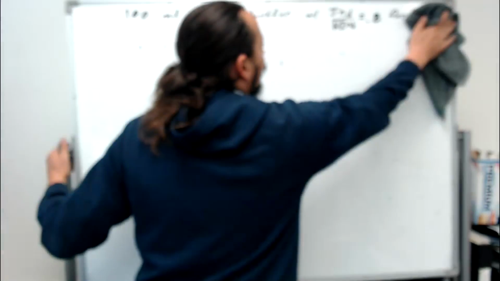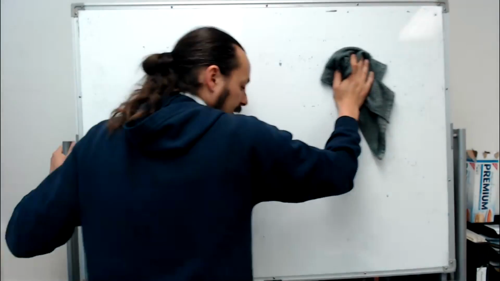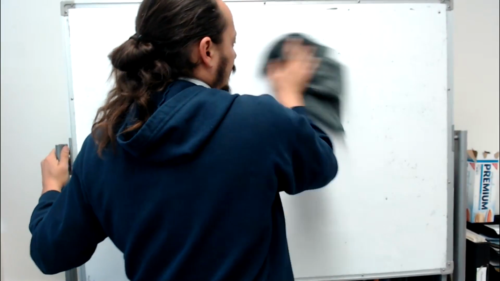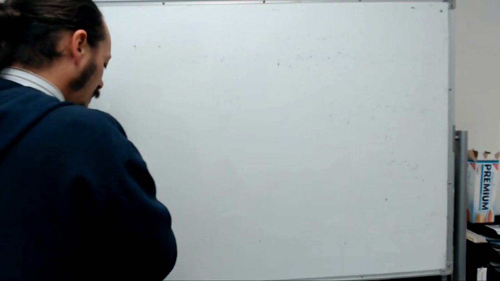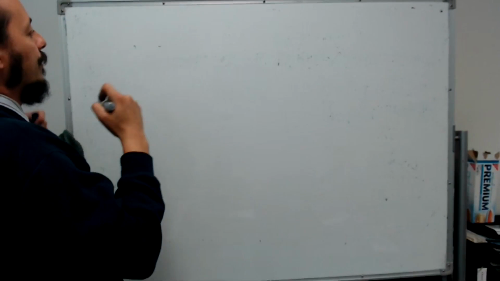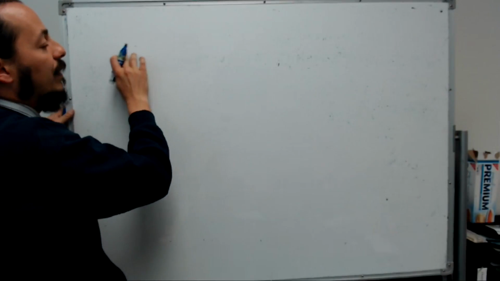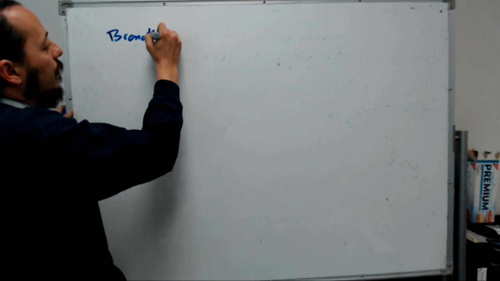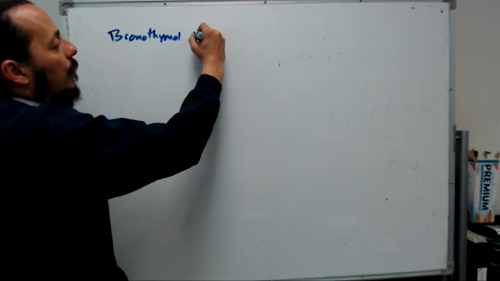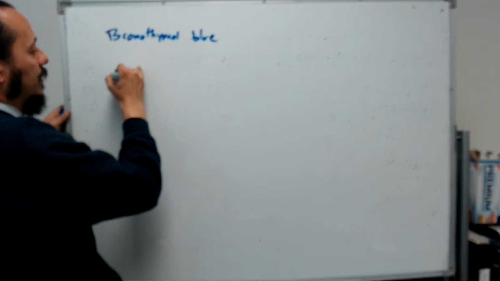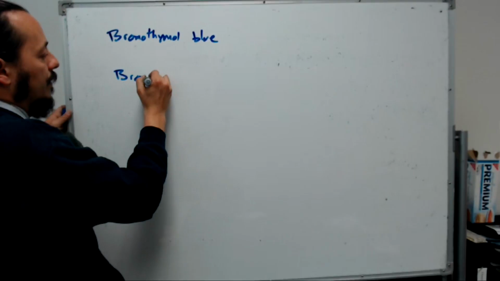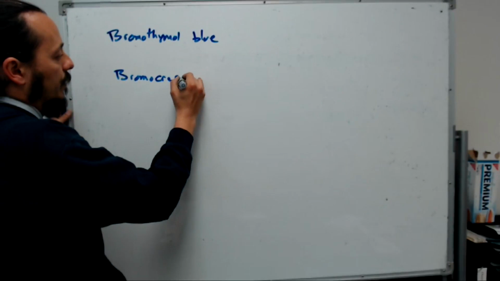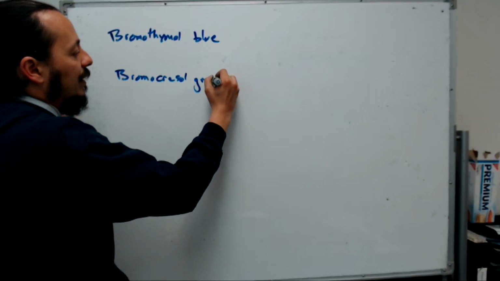Question 6. To do question 6 properly, we need to know both the indicator systems that we're looking at. So we've got bromothymol blue and bromocresol green.